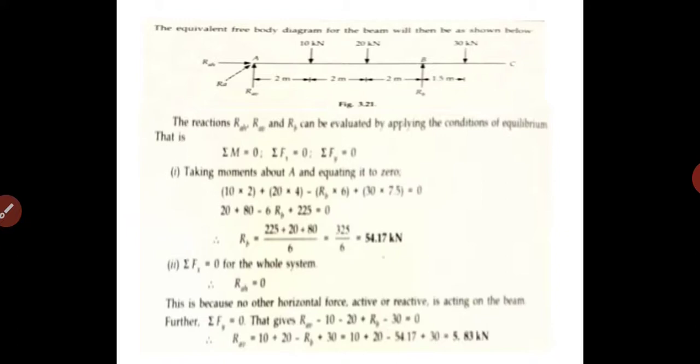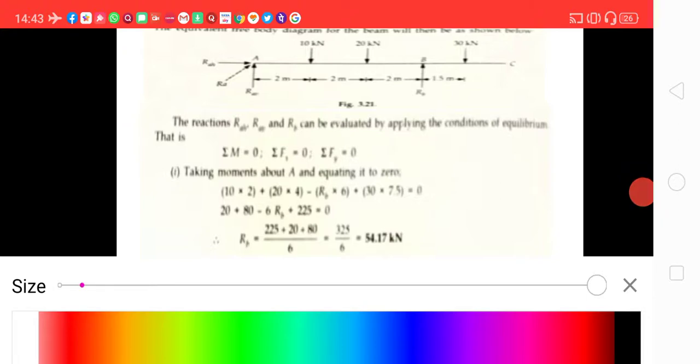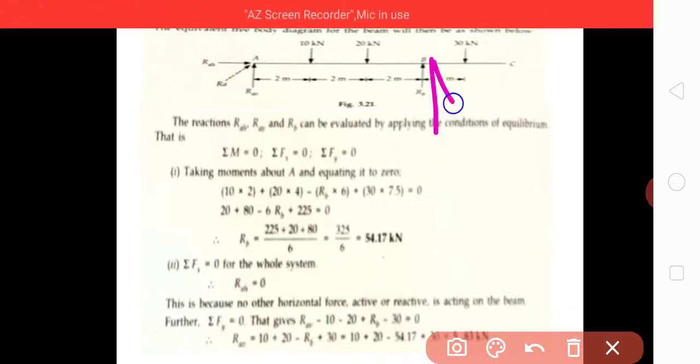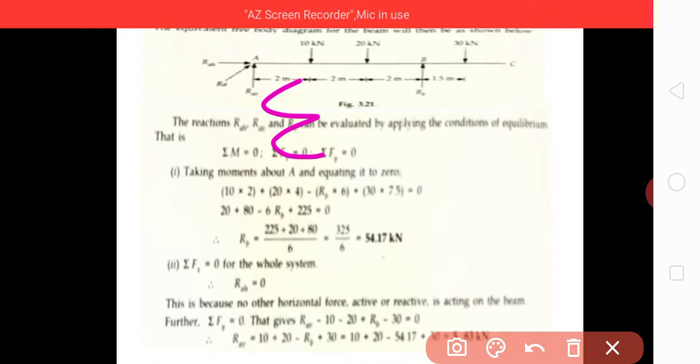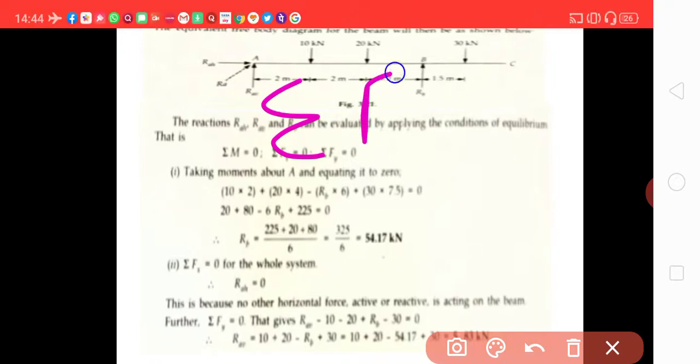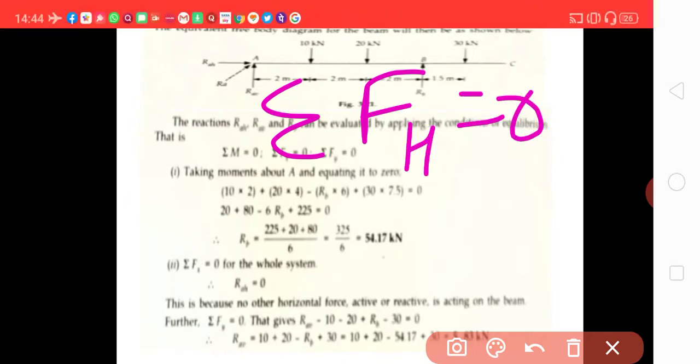First of all, we have taken the moment because we want to find out the support reaction here. For that, first calculate the horizontal components. There is no horizontal component, so summation FH will be 0.